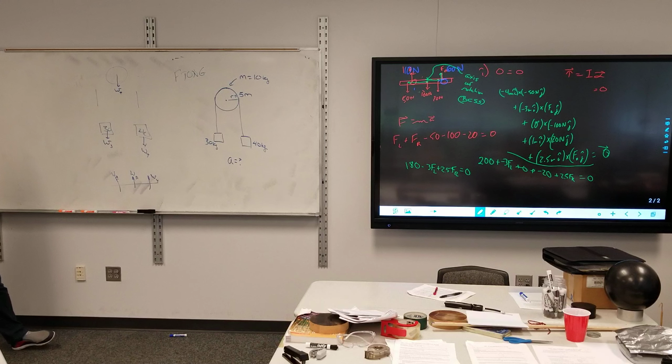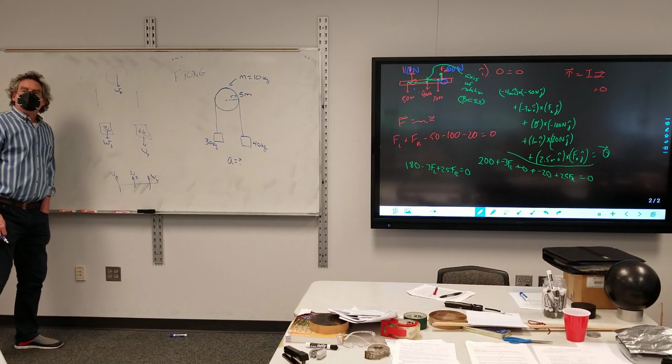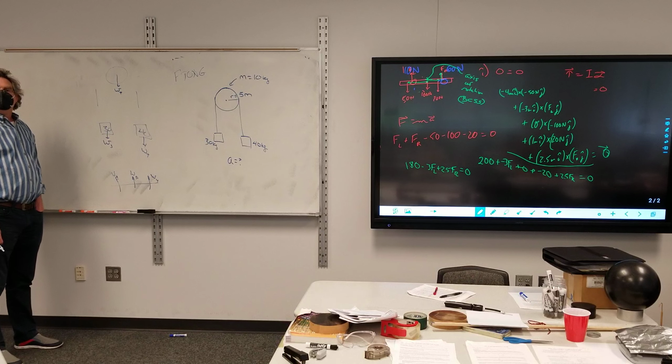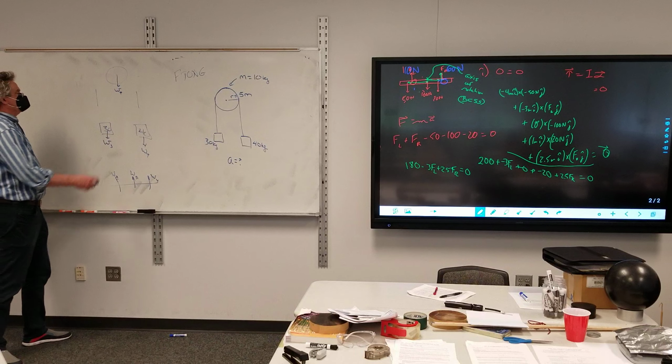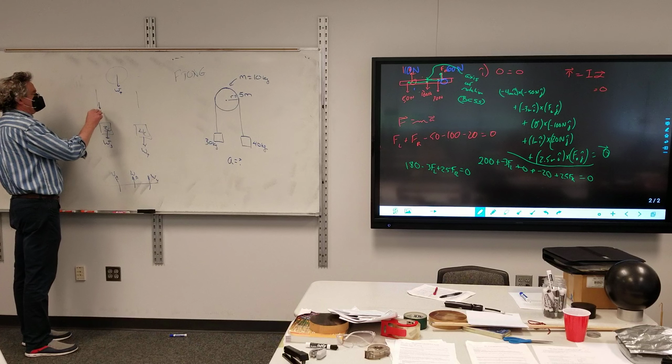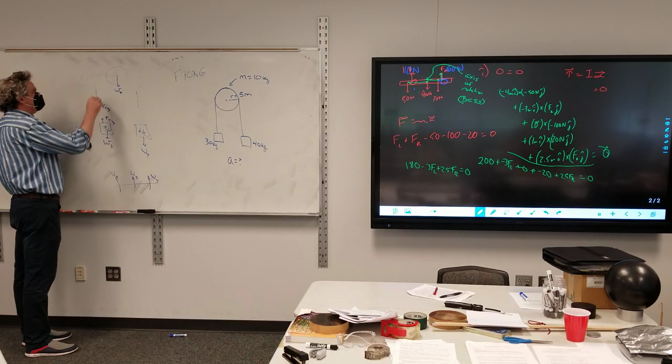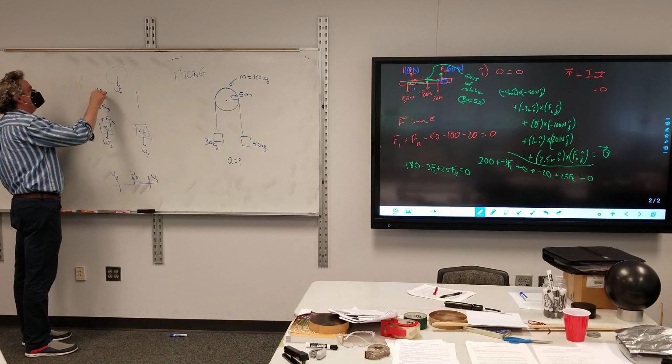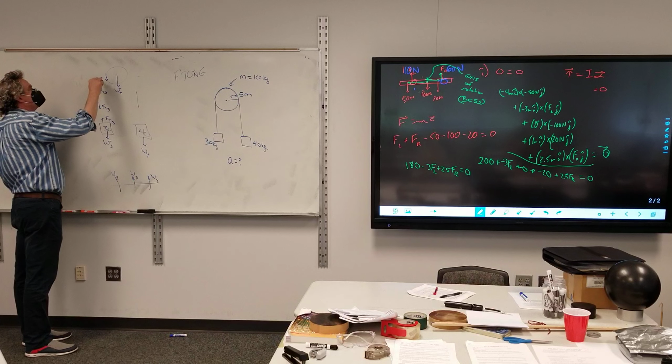Is the rope massless? Rope is massless. Tension. I have tension acting here and here, so we'll just call it FT3, FT3. I got tension here, FT3, and a tension here, FT3.